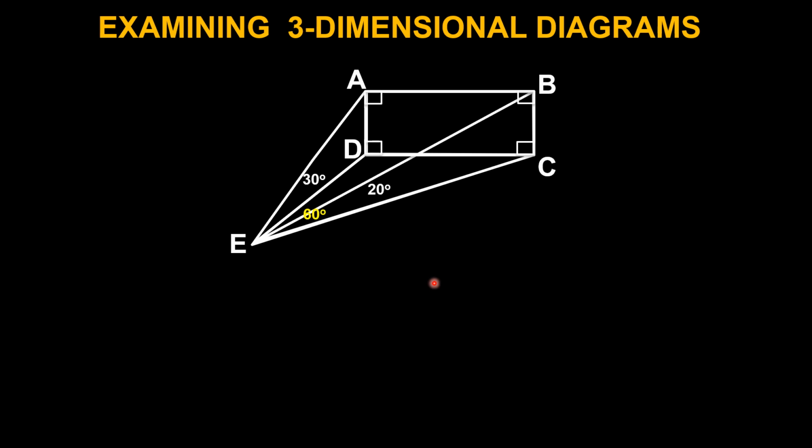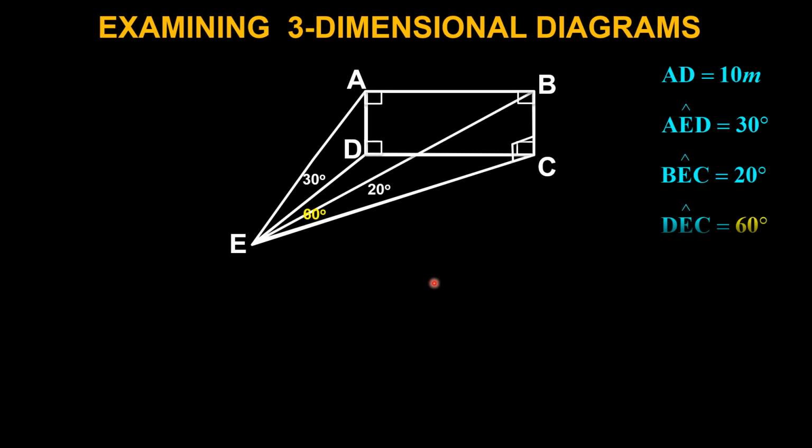Let's look at the measurements provided for us here. We have AD equal to 10. We've got AED equal to 30, right? There we've got the 20 degrees for BEC, and we've got the 30 degrees for AED, and then we've got the 60 degrees in the horizontal plane for DEC. And we also have another angle EDC, which is this angle here.